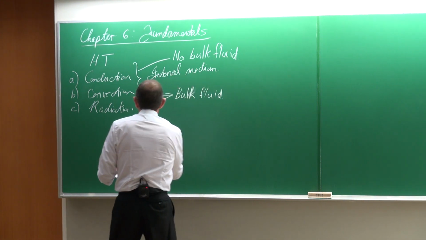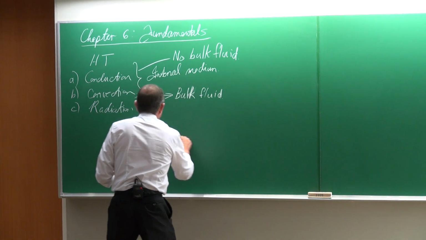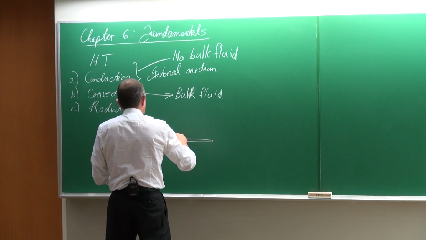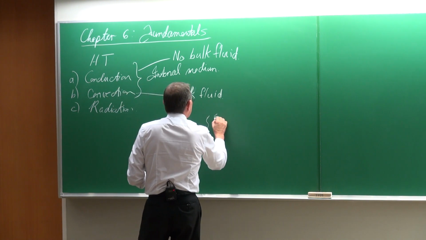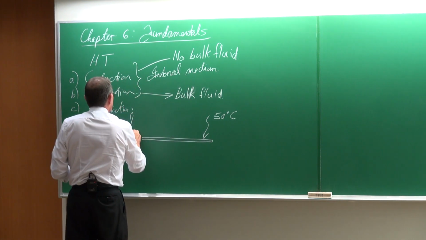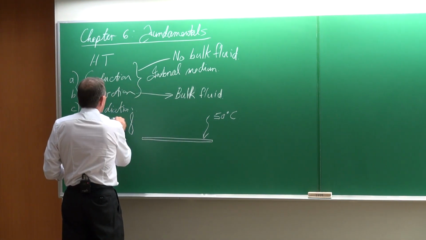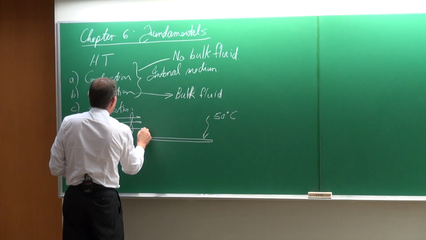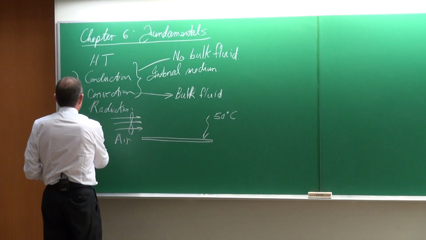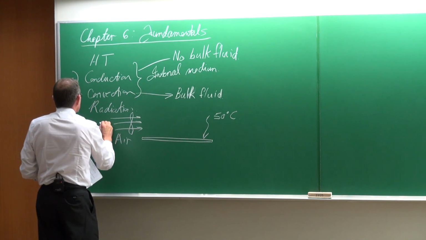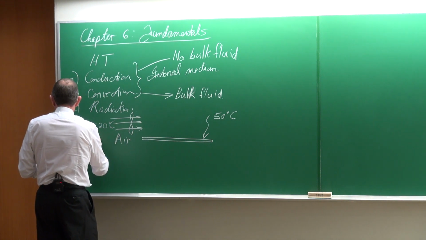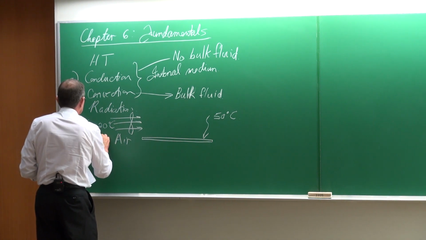The first one is where we're going to look at a flat plate, and this plate is being heated to 50 degrees Celsius, and then we have a fan there with air that is being moved with a temperature of 20 degrees Celsius and a velocity of 5 meters per second.